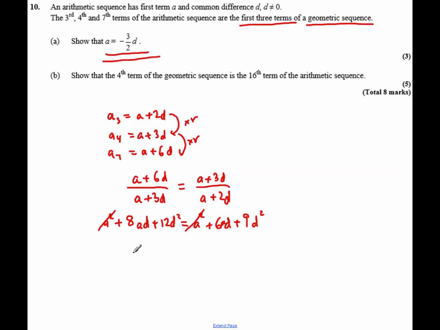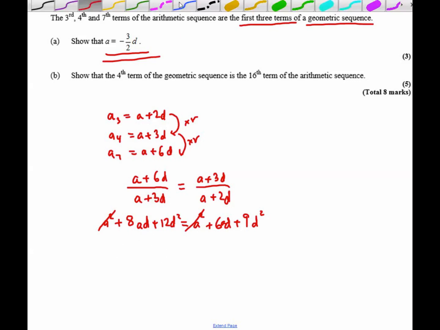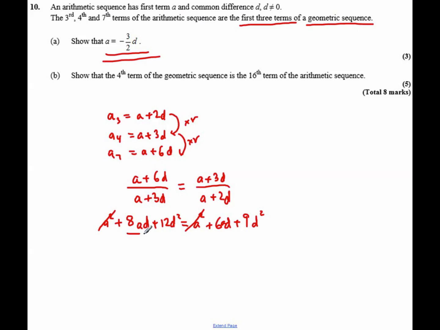So let's get everything with an a on one side. 8ad minus 6ad is 2ad, and on the other side we get minus 3d squared. D is not equal to 0, which means we can divide by it, so 2a is equal to minus 3d, and therefore a is minus 3d over 2.